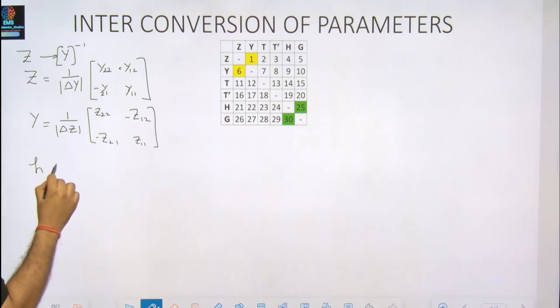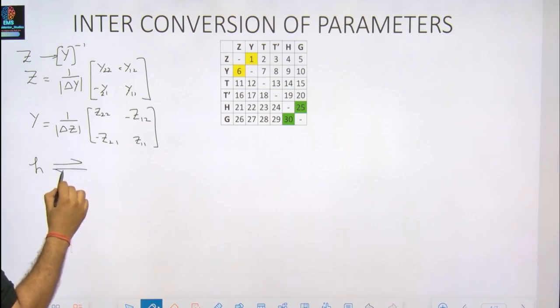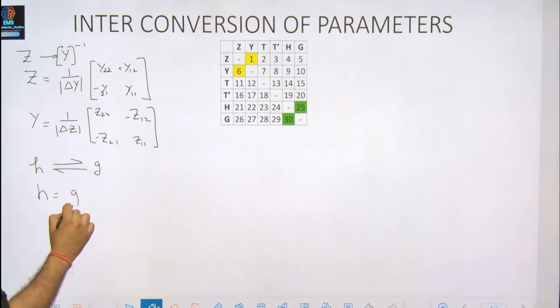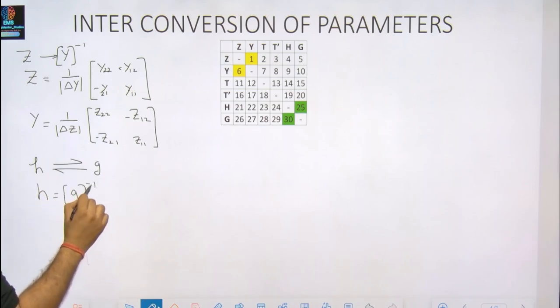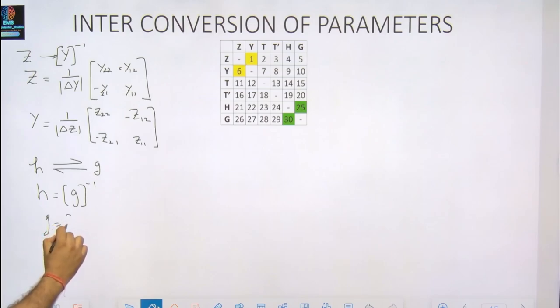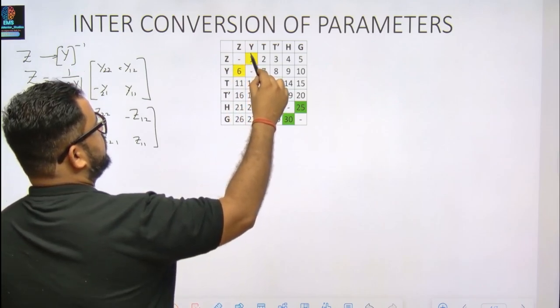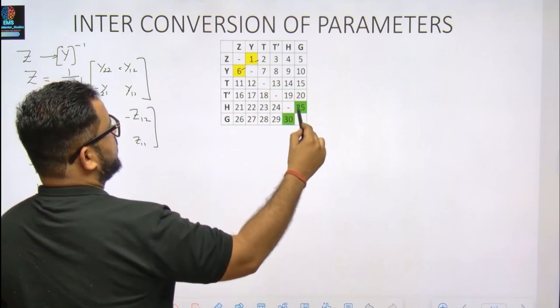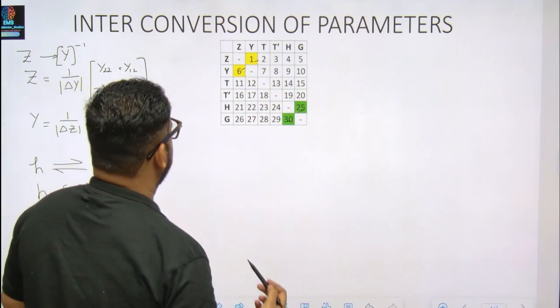Similarly, H to G and G to H: H is equal to G inverse and G is equal to H inverse. So we have got 4 conversions done: Z to Y, Y to Z, H to G and G to H.